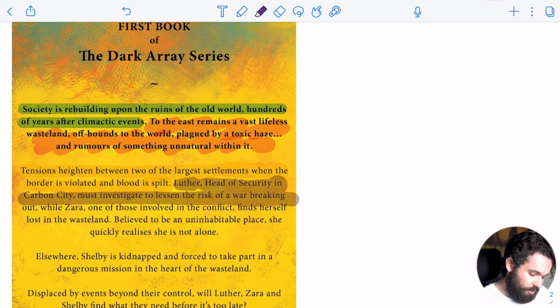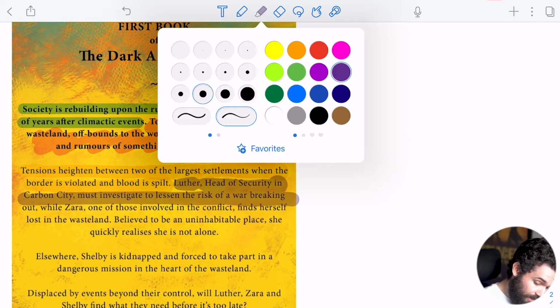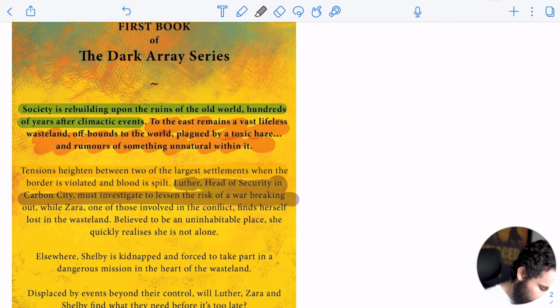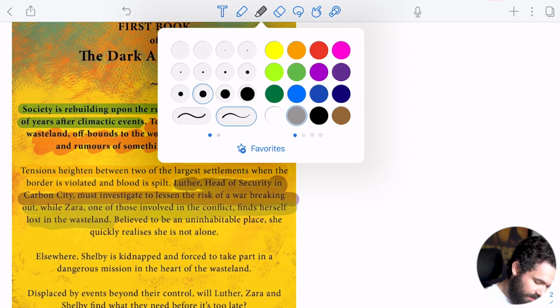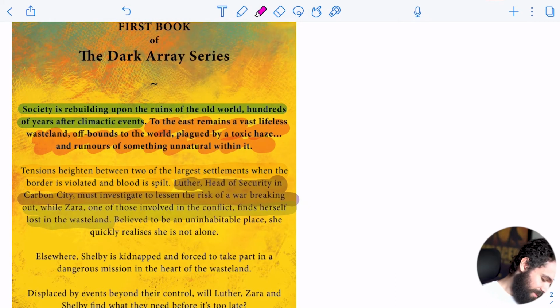And then when it switches over to Zara, that will be another different scene, which I'm not sure how it's going to look. But she's basically found herself in the wasteland, believed to be an uninhabitable place. She quickly realizes she is not alone. Now, I know I've just partly highlighted that, but this section here, I'm not sure.